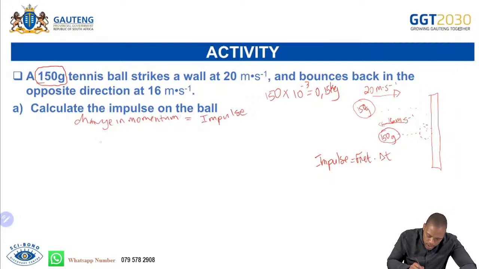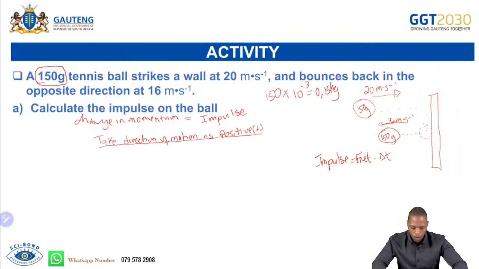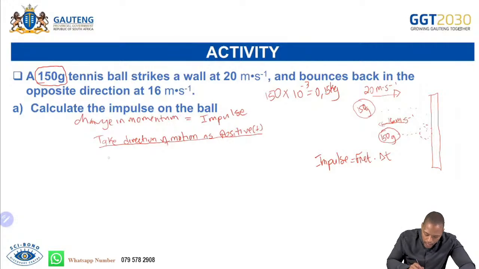So to do that, again, I must take direction, because I am dealing with momentum. So I'll say take the direction of motion as positive. Then from there, I write the formula: delta p equals m(vf minus vi).